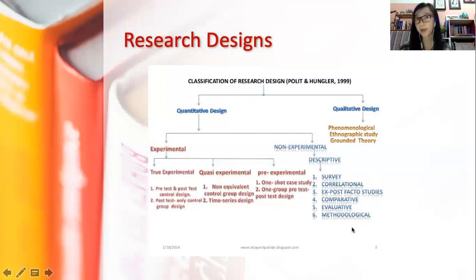Which ones are commonly done by English department students? These three: survey, correlation, and ex post facto, in addition to the experimental design.